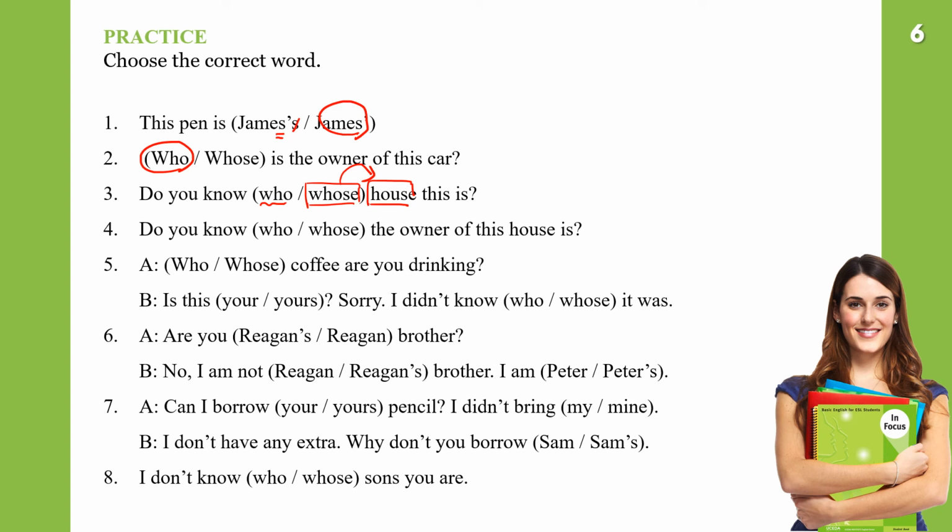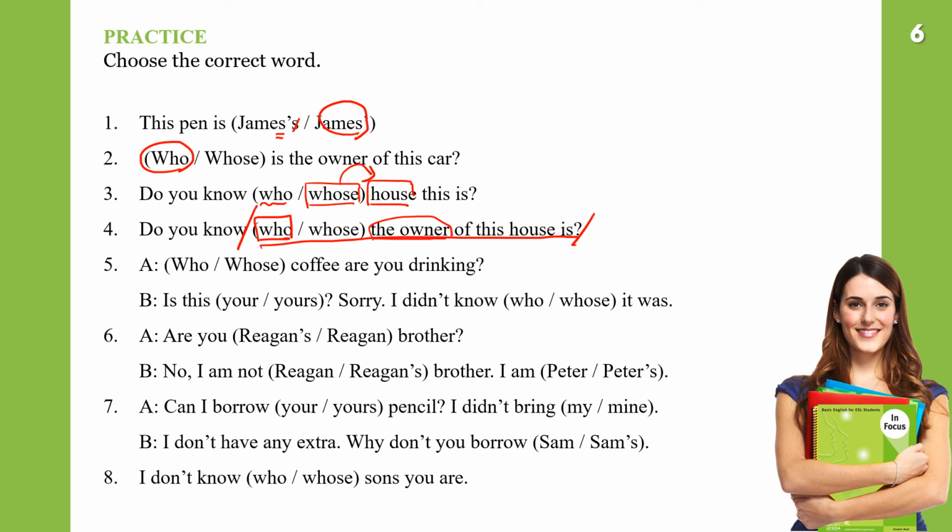Now, you're asking about the owner, even though you have a noun, it's not something you need to describe. This is asking about the owner. So we need somebody to be the subject. So we need who. Do you know who the owner of the house is? So the sentence is, who is the owner of this house?